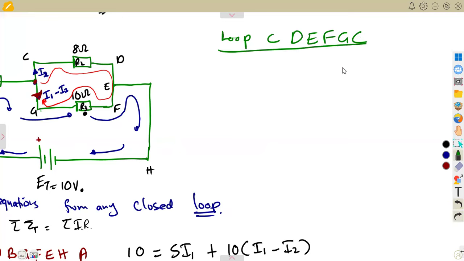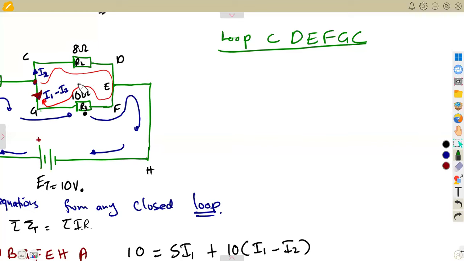According to the loop that I'm taking and the movement that I'm having, in this loop, are we having a voltage source? Are we having an EMF there? We do not have. It's a closed loop, but we do not have a voltage. But the idea does not change: the sum of the voltage drops is supposed to be equal to the EMF.